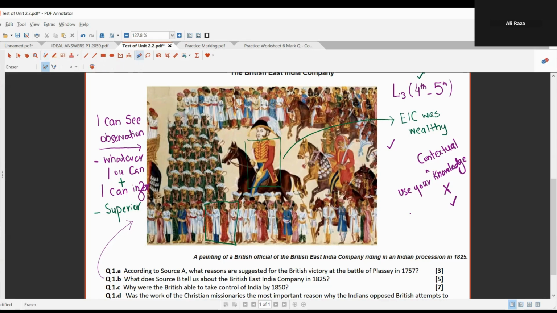While on the other hand, we can see that they have purposefully made the British figure larger than the Indians. So this can also be an observation कि उन्होंने painting में larger paint किया है, and that shows that they consider themselves as superior. Understood, beta?